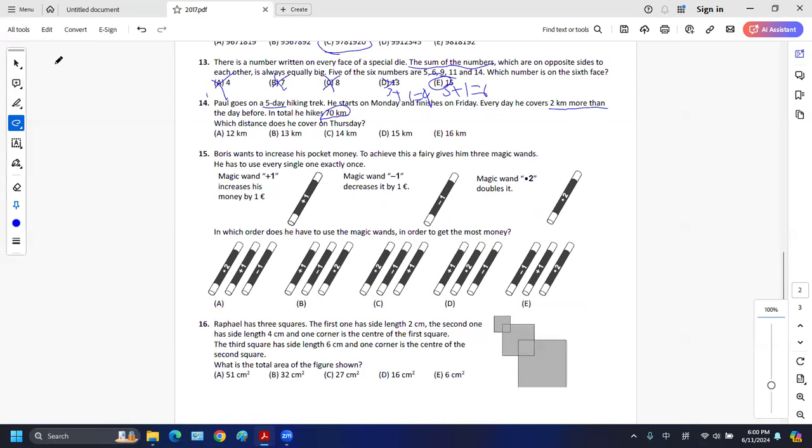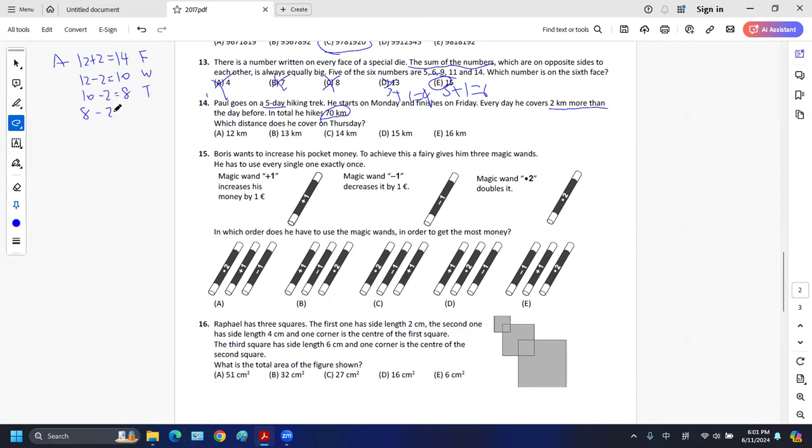So we'll start from A. A is 12 plus 2, which is Friday, and the answer is 14. 12 minus 2 equals 10. That would be Wednesday. 10 minus 2 equals 8, and that is Tuesday.